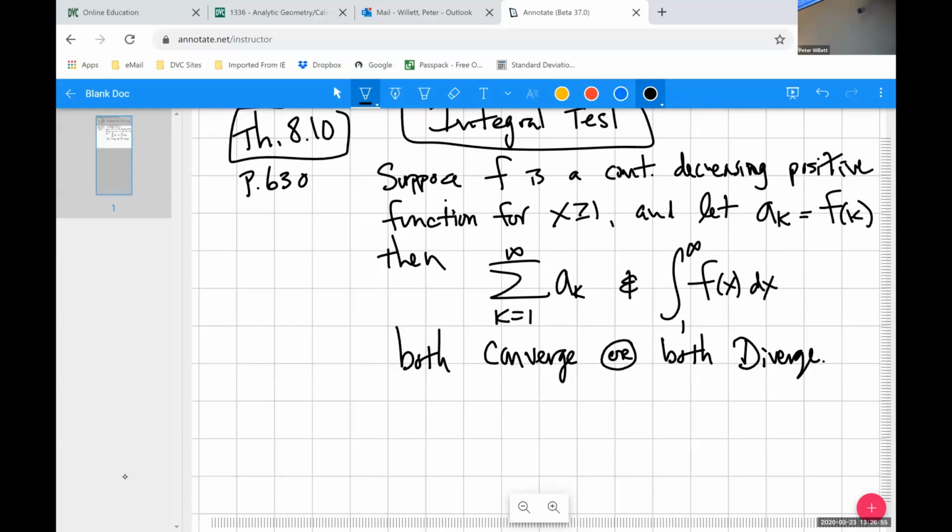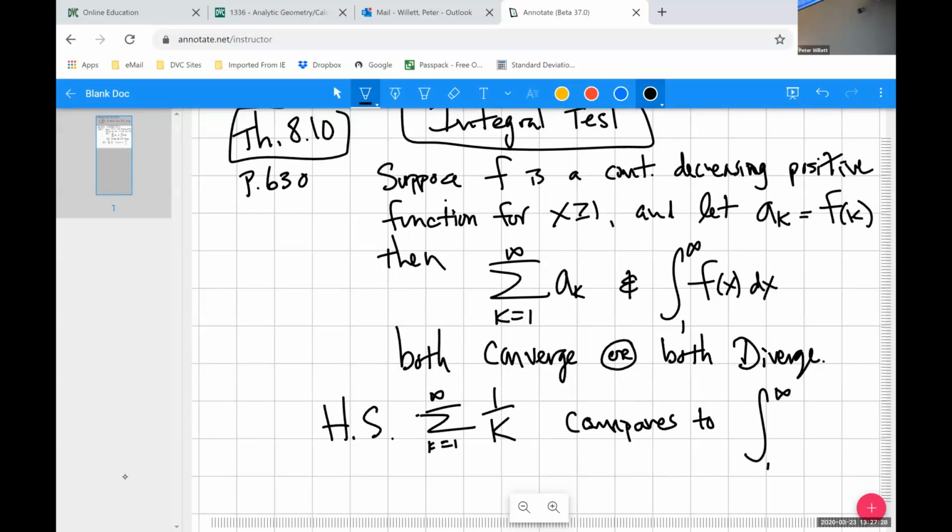And so if we, for example, were looking at the harmonic series, because we've done that already, which is 1 over k, this would compare to the integral from 1 to infinity of the function version of this expression, which is 1 over x dx.